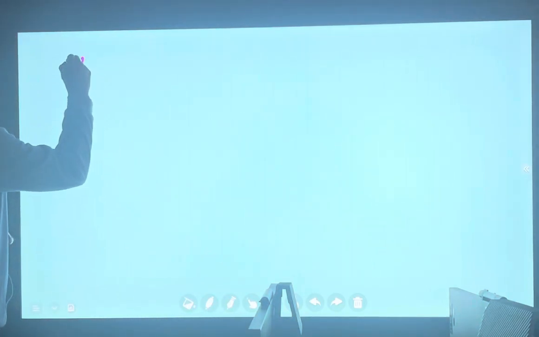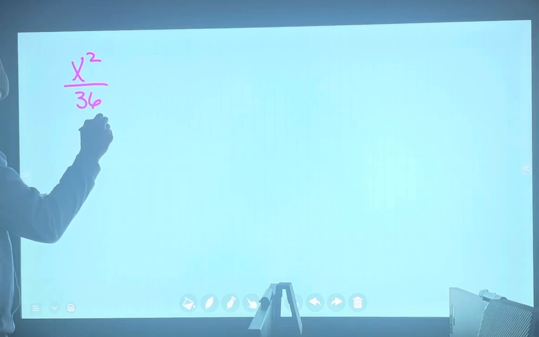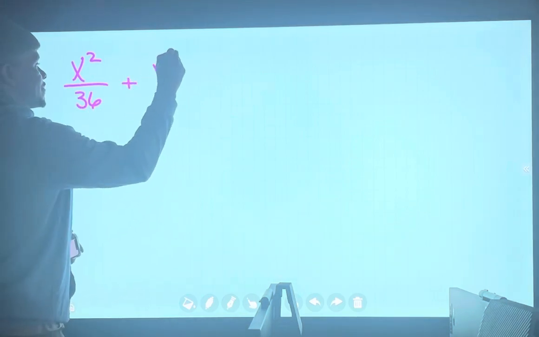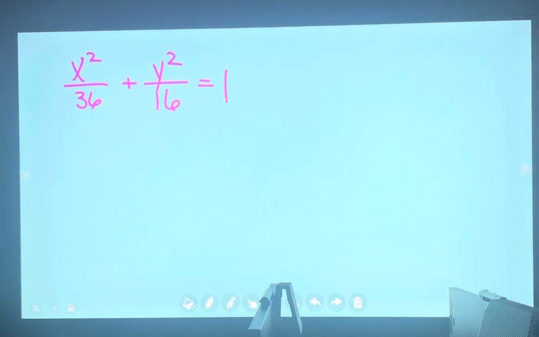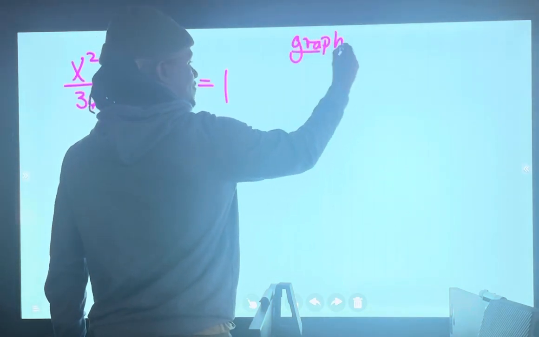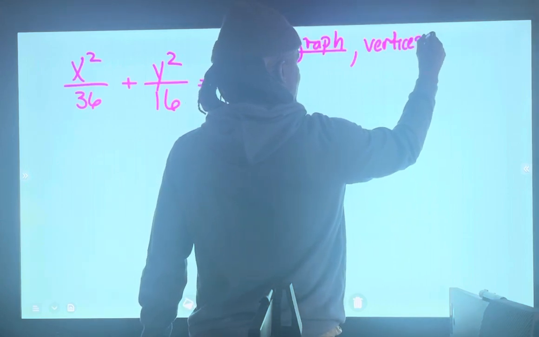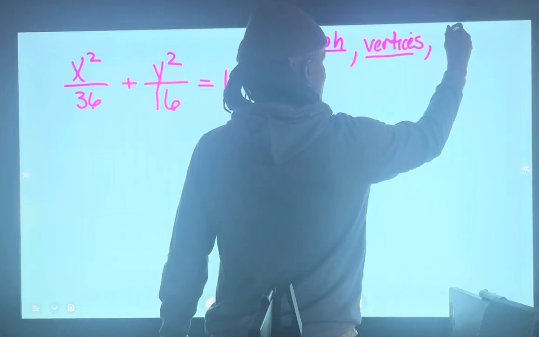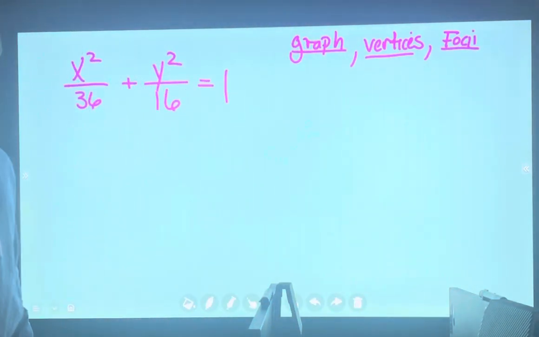We've got a graph, vertices, and foci. Those are the three things we have to cover on this equation. Let me know when you write down the question, then we can get down.